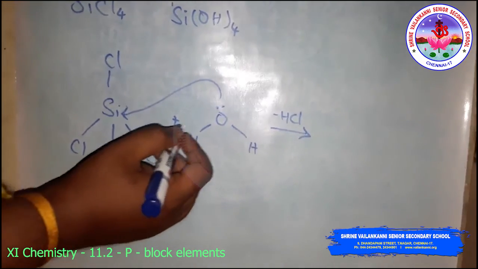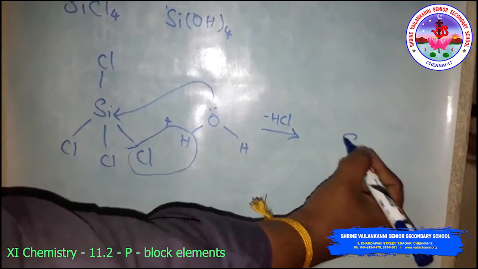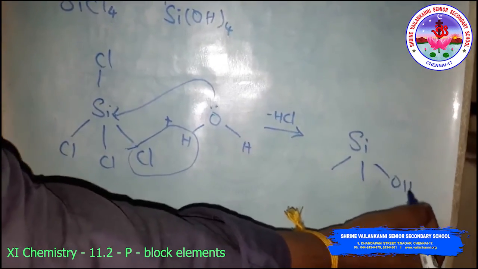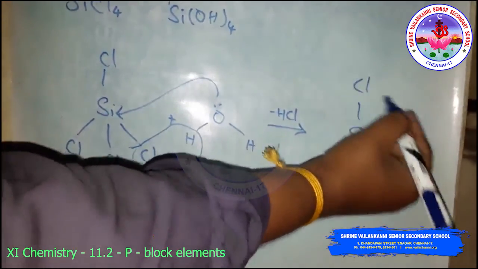Just simply, removal of HCl forms Si(OH)Cl3, that is OH, Cl, Cl and Cl.